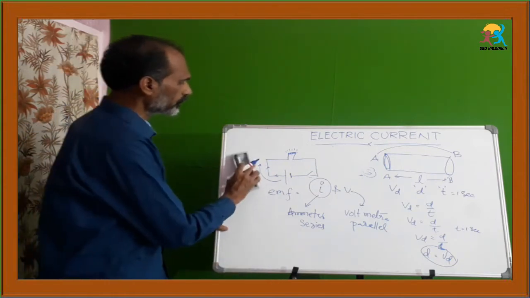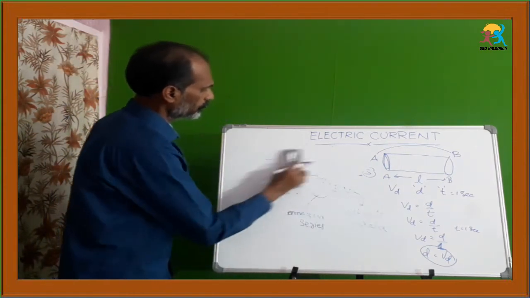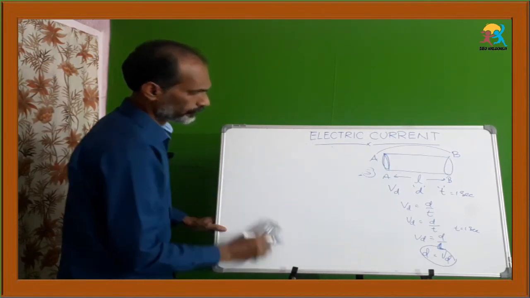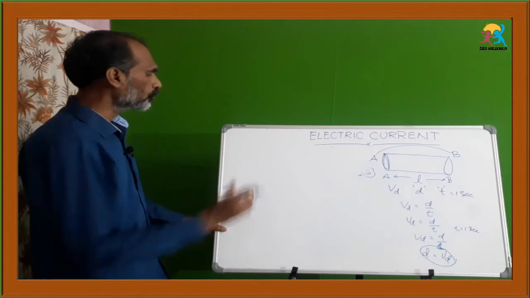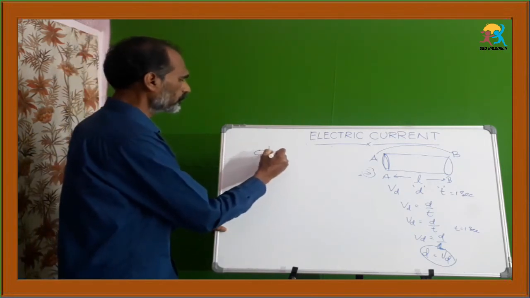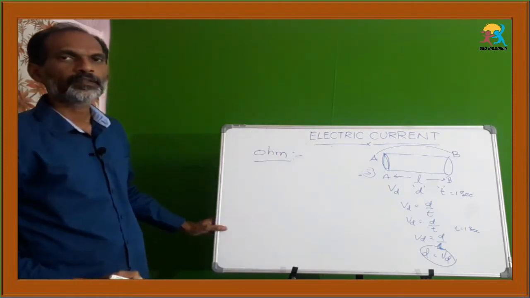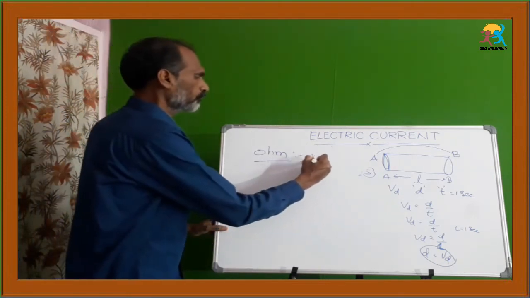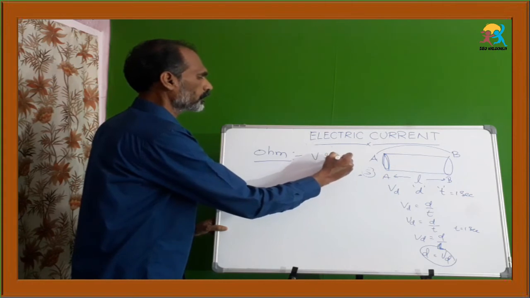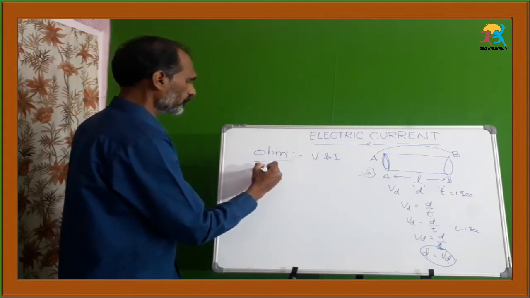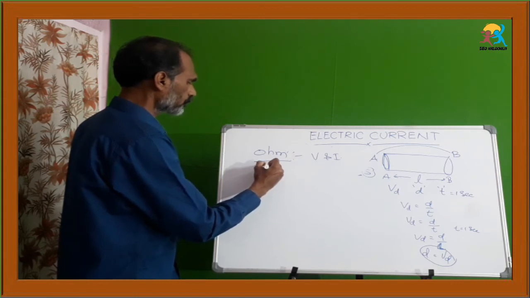Now we'll try to find out the relationship between the potential difference and the electric current. Actually, Georg Simon Ohm found a particular relationship between V and I. This is called Ohm's law.